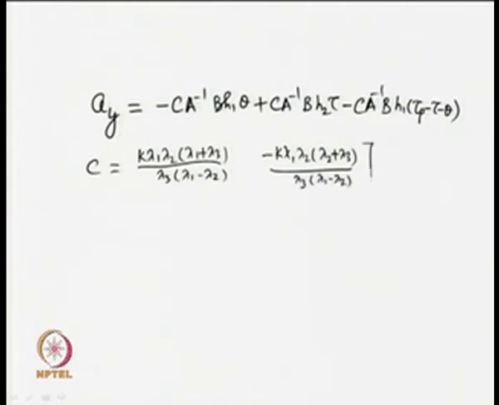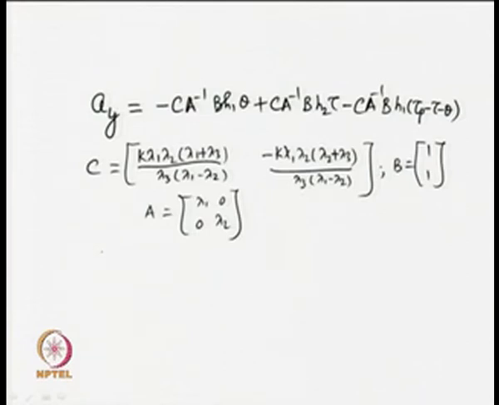So, this is the C vector, with B vector we know has got the elements 1 and 1, whereas A is given by the lambda 1 0 0 lambda 2 matrix.